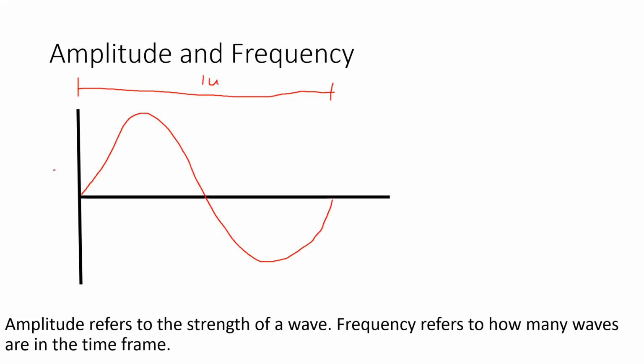Okay, so that's just one wave, right? We just call it one wave, that's easier. One wave. Now, if from here to here was 1 second as well, we would say that its frequency is one wave per second. Pretty easy, right?